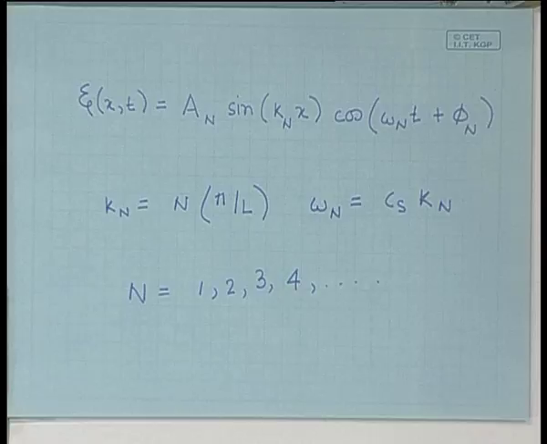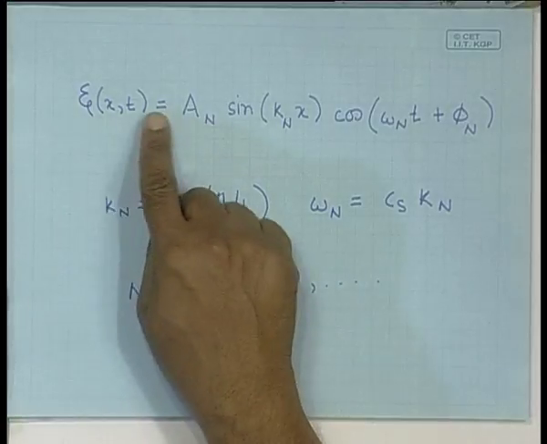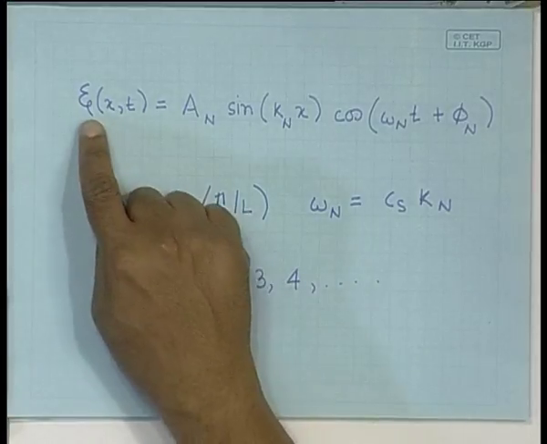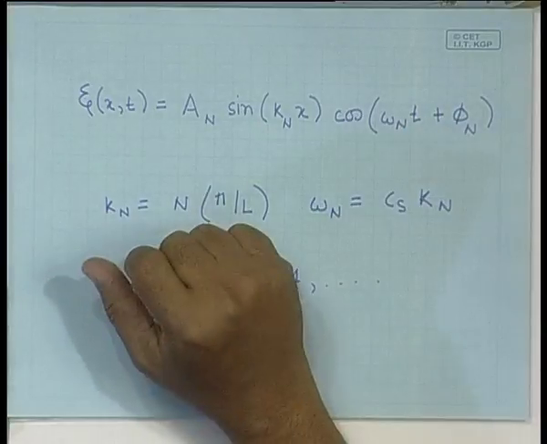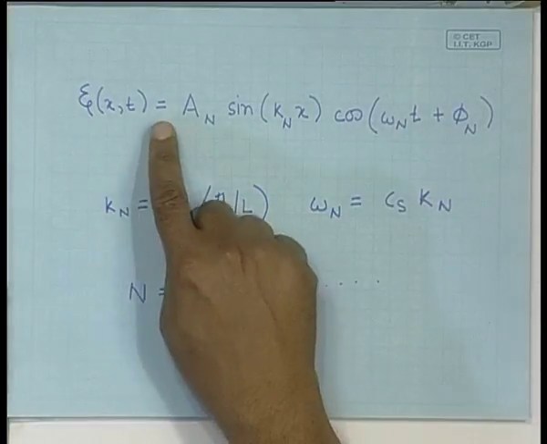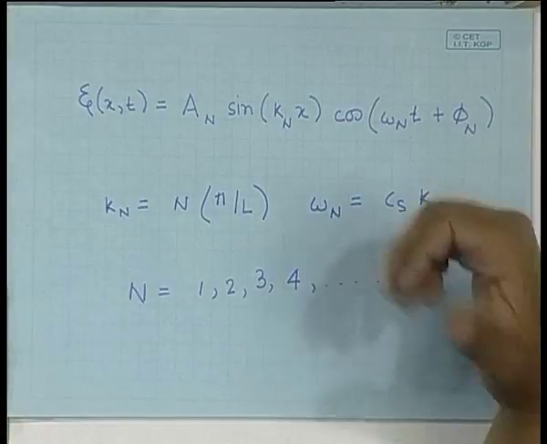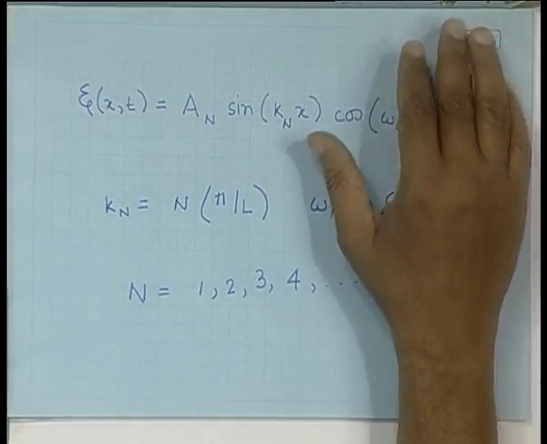So, what we found was that the disturbance xi, which satisfies the boundary condition that it has to vanish at the two ends, has many possible solutions.